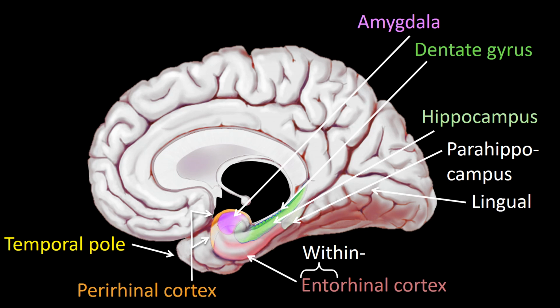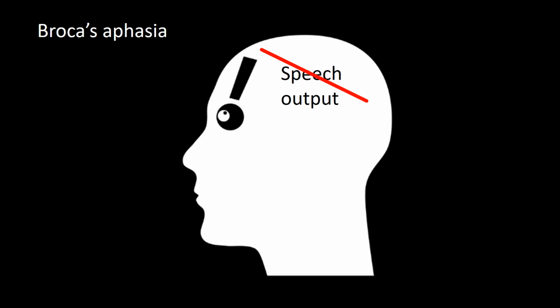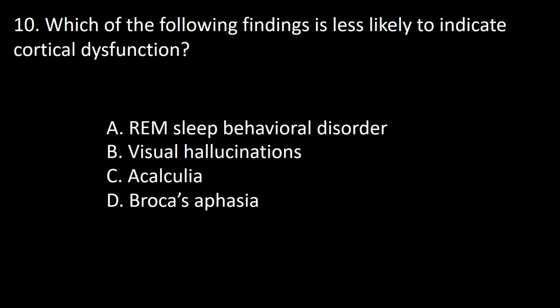Behind the parahippocampal gyrus, we have the lingual gyrus. And lateral to the parahippocampal gyrus, the fusiform gyrus. Acalculia, another of the possible answers in this question, and Broca's aphasia are considered produced by cortical dysfunction of the dominant hemisphere. So the answer to this question is A.